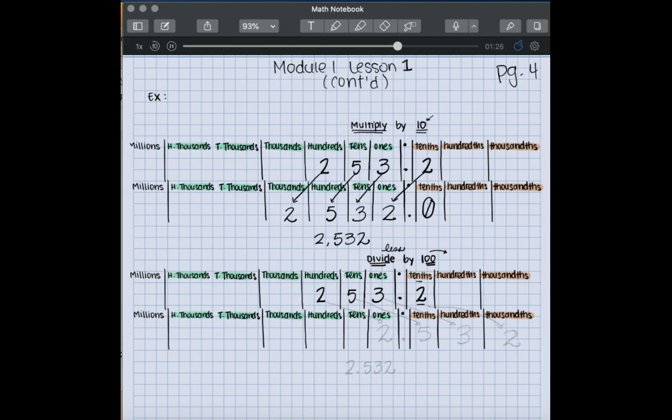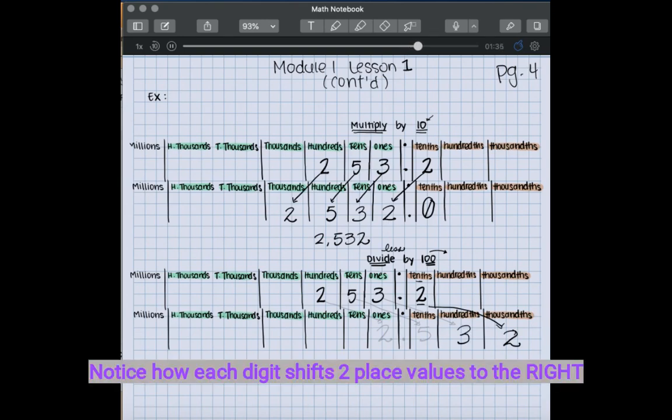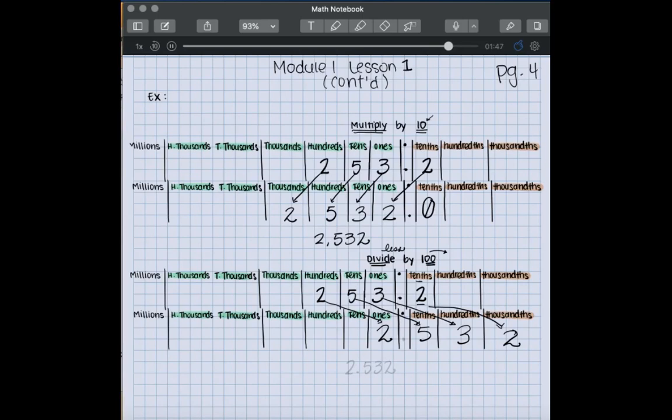And I'm going to take it over 2 place values all the way to the thousandths. That's 2 here, 3 here, 5 here, and 2 here. Therefore, my new number is 2.532, or 2.532 thousandths.